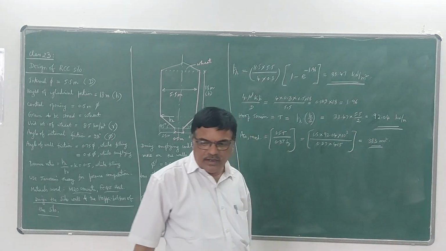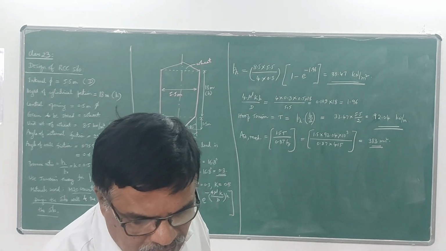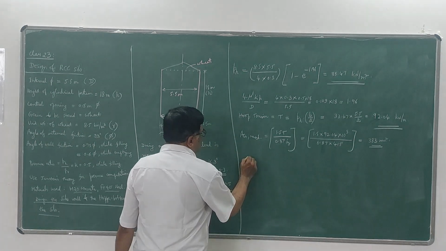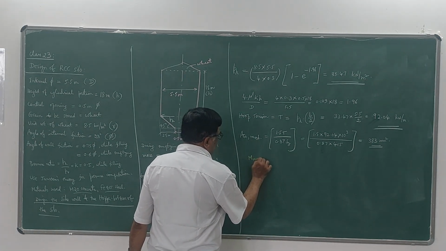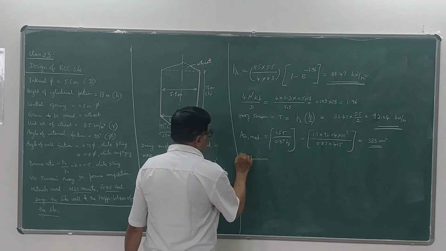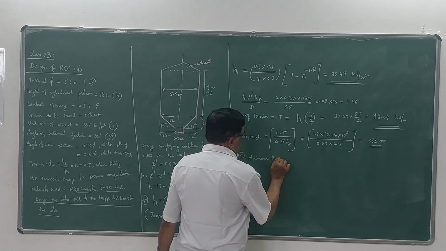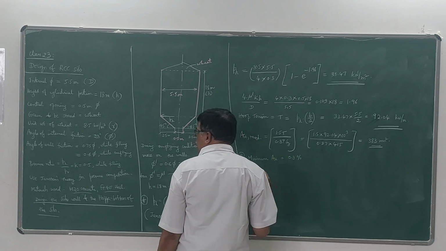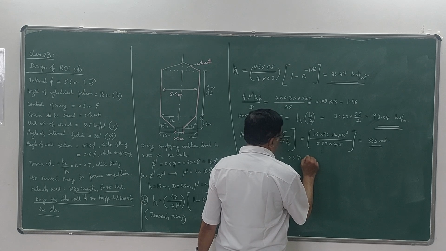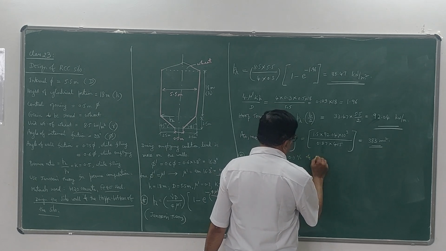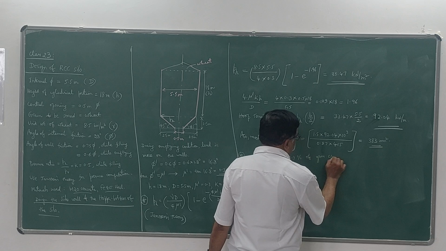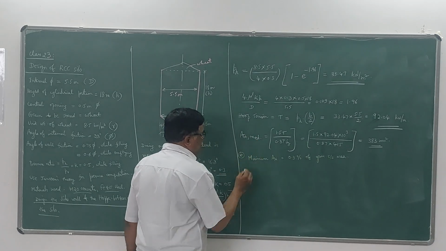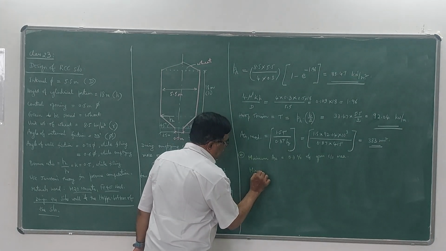But there is a criteria for minimum reinforcement. Minimum reinforcement should be 0.3%. So please note that minimum AST is 0.3% of the cross sectional area. Here I will take 150 mm thickness for the wall.